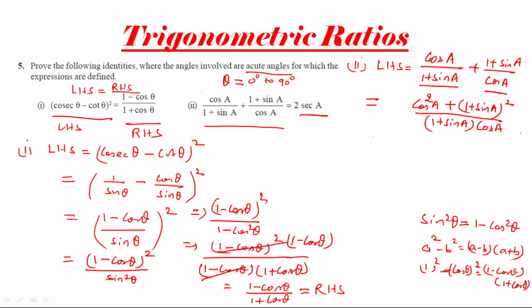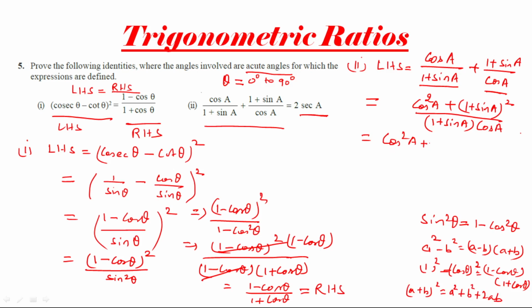Fine. Then here we will solve it. Cos square A plus, now for 1 plus sin A whole square we will use the formula A plus B whole square. The formula says A square plus B square plus 2AB.